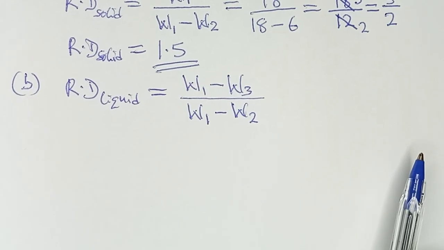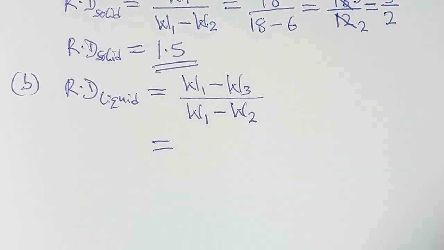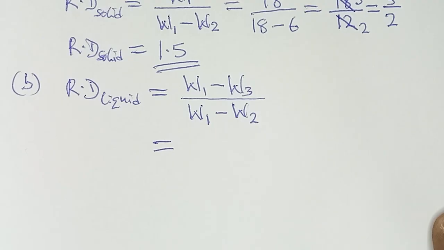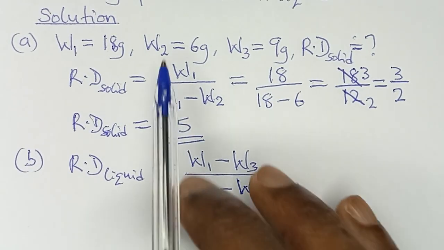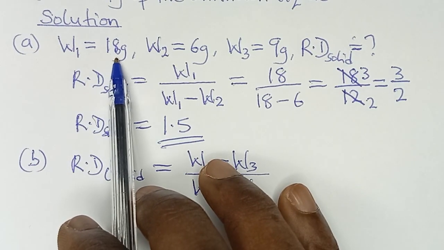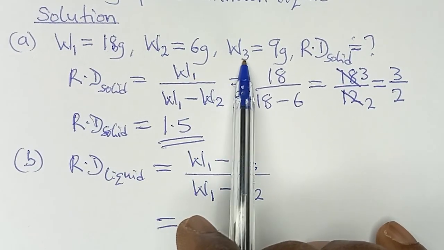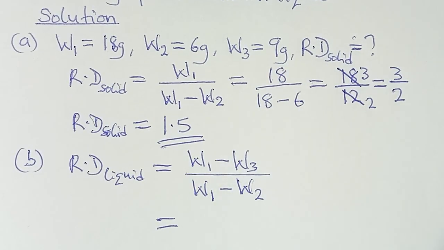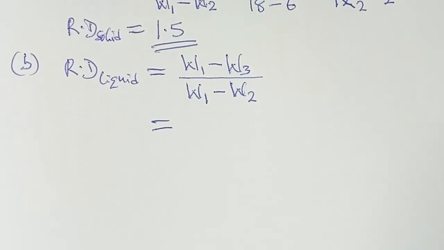So we can work further and say it is equal to the weight in air. Looking at the values now, the weight in air is 18, the weight in water is 6, and the weight in the liquid is 9 grams. So we can go ahead now and substitute these values.